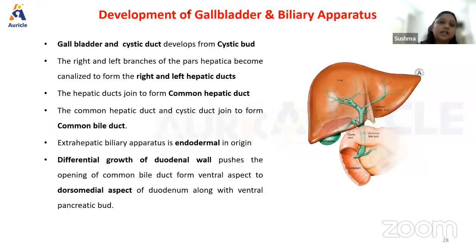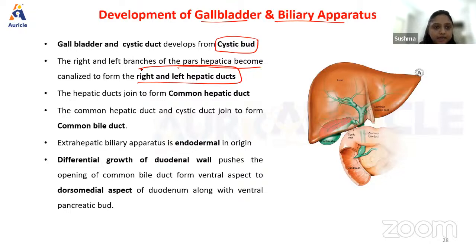Then, what is the development of the gallbladder and biliary apparatus? The gallbladder and cystic duct develop from the cystic bud. The right and left branches of the pars hepatica become canalized to form the right and left hepatic ducts. Hepatic ducts come from the pars hepatica. Next, these right and left hepatic ducts join together to form the common hepatic duct.